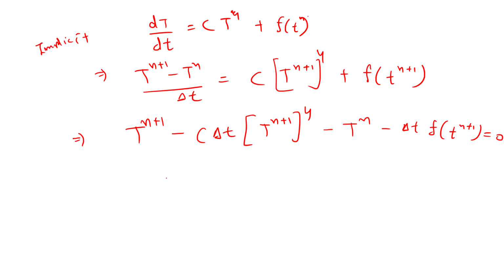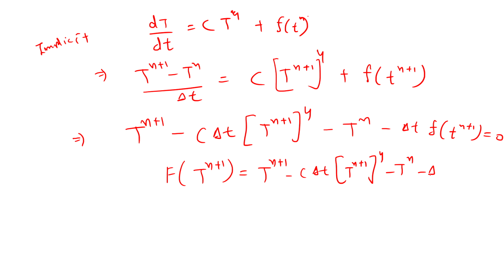minus T^n minus delta t f(t^(n+1)) is equal to 0. So this is my function of T^(n+1), that is T^(n+1) minus c delta t (T^(n+1)) to the power 4 minus T^n minus delta t f(t^(n+1)), and I need to find the solution of f(T^(n+1)) equal to 0. So this becomes a Newton-Raphson kind of approach.